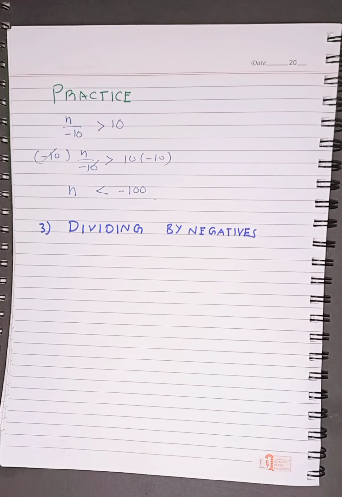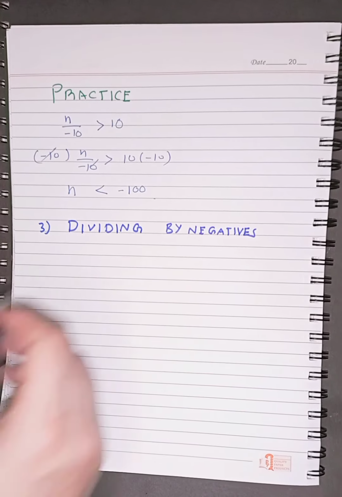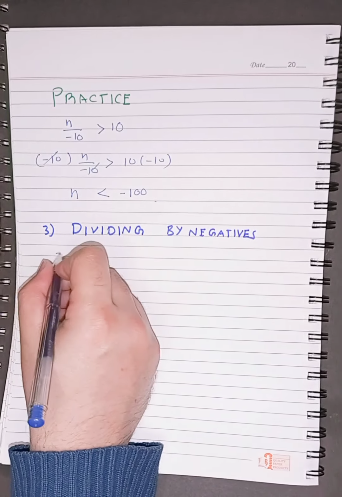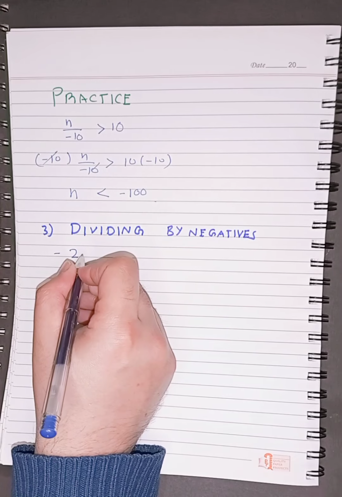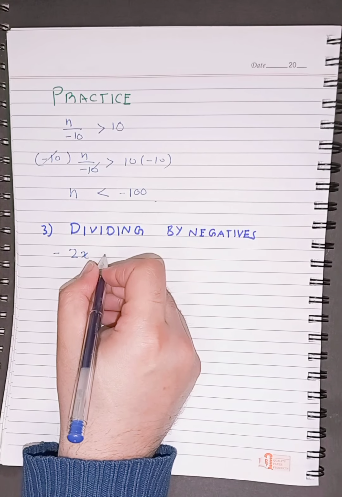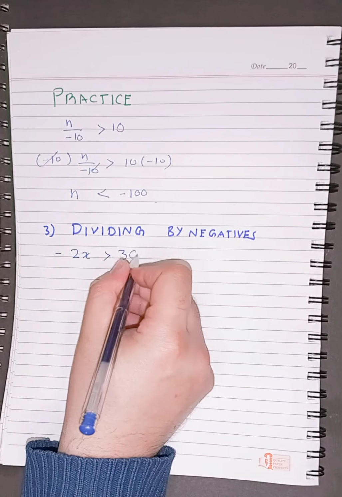Here is an example: we have a question, minus 2x is greater than 30.